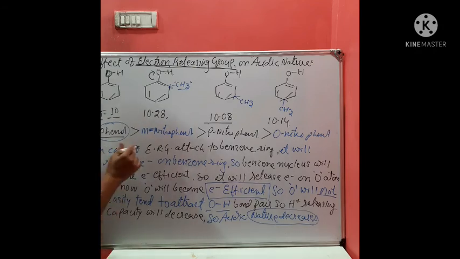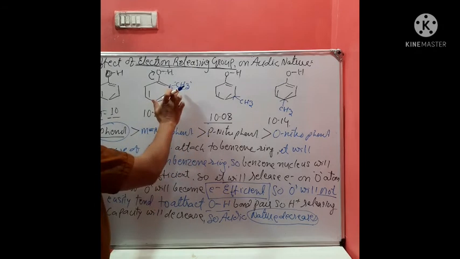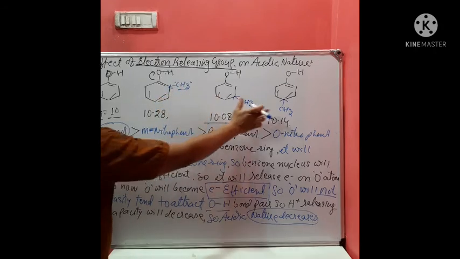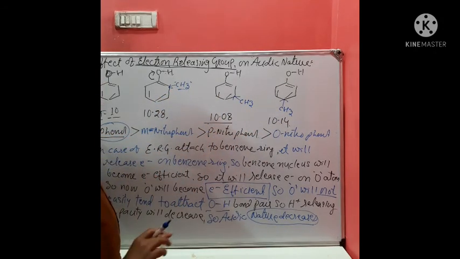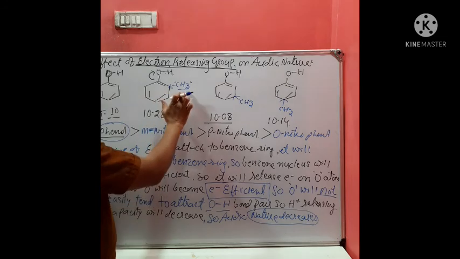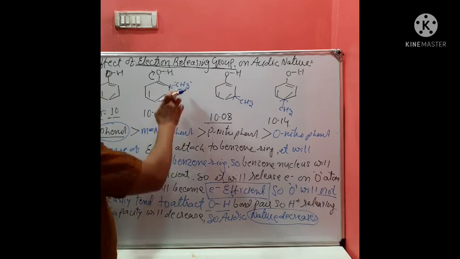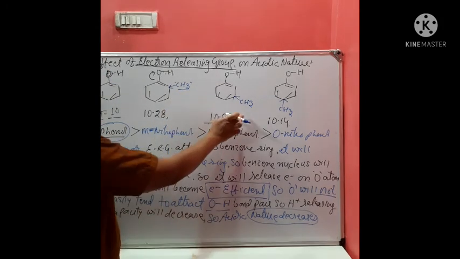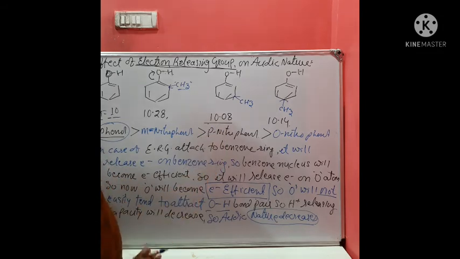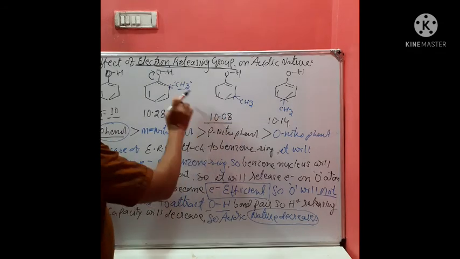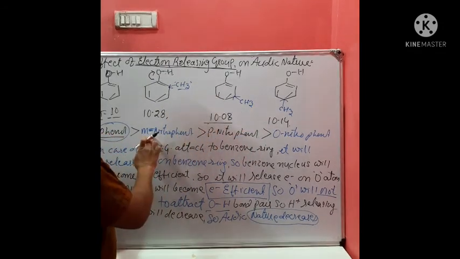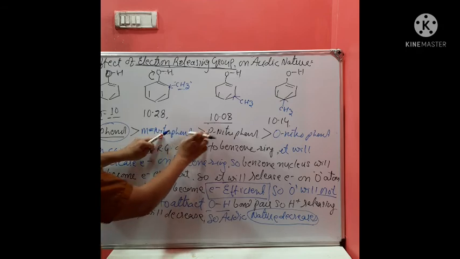Now student, you can check here. I added the same type of methyl radical in all these 3 compounds, but their positions are different. Now if the positions are different, then there should be some regular trend, but what we are observing, the trend is not regular. Out of all these 3, the meta compound becomes most acidic.